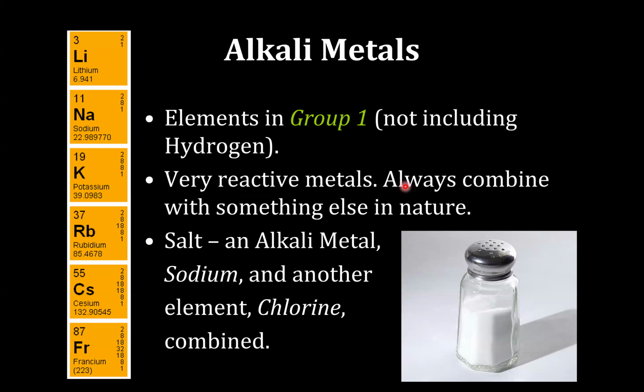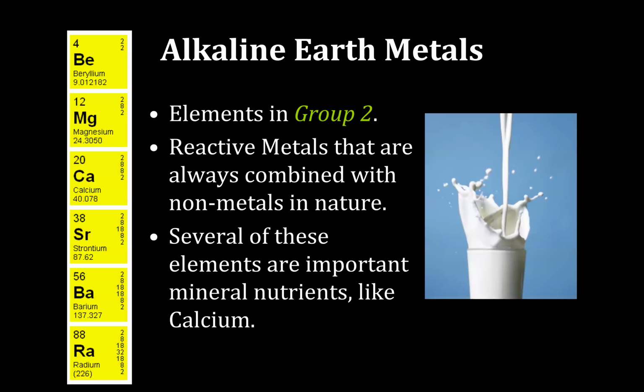All right, group two is alkaline earth metals. That's the beryllium, magnesium, calcium, strontium, barium, and radium. Elements in group two are called alkaline earth metals.